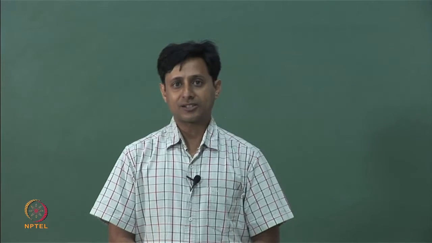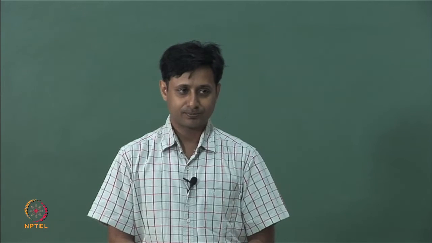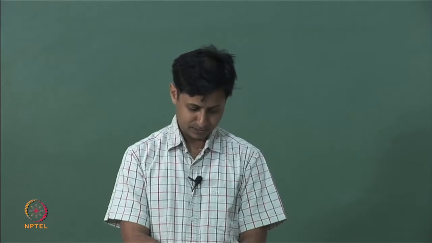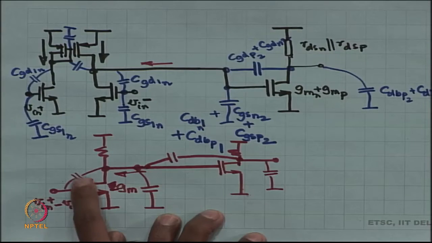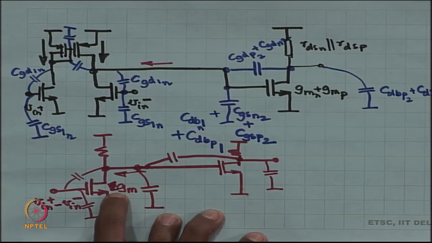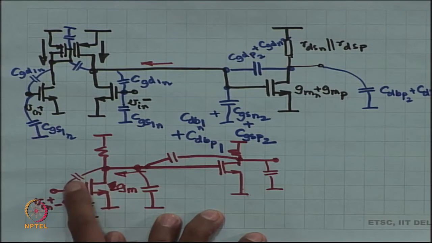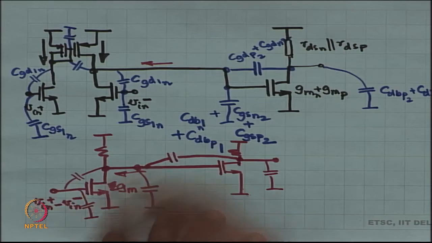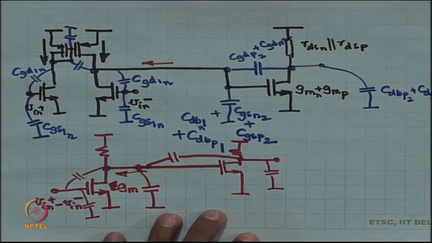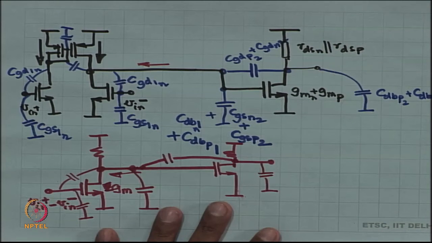The short circuit transconductance gave us a couple of right half plane zeros. One of those two right half plane zeros is at a very large frequency, this input right half plane zero. This is at a very large frequency because GM is going to be large and this overlap capacitance CGD is going to be small. So, this particular one is not really of any concern.